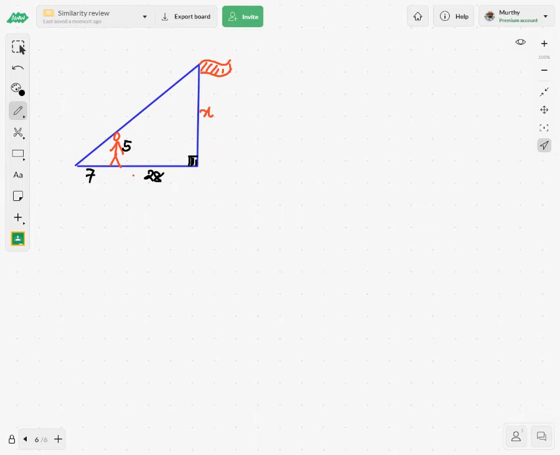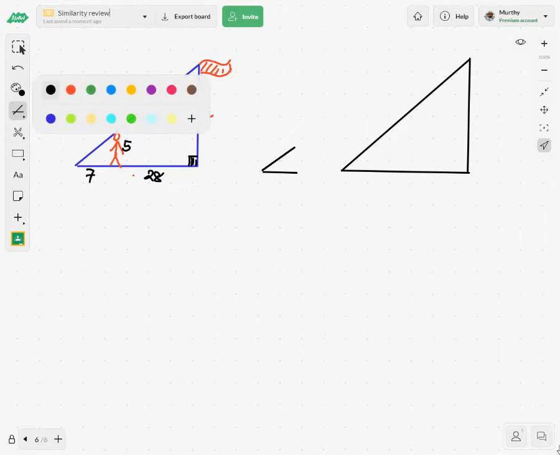This is one scenario. Now assume that I'm giving something similar to this one, not exactly the same. There is a flag post this way. Say that Shania is standing here, and she's 5 feet tall, casting a shadow of 7 feet.